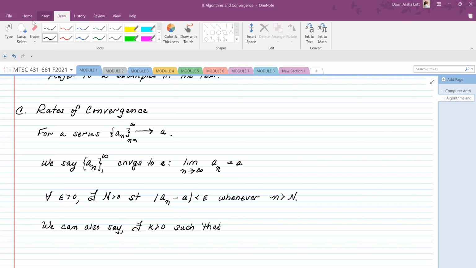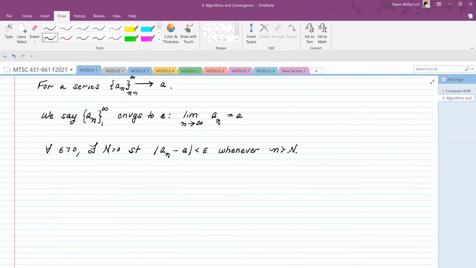Oh, okay, I need to write the whole thing. Trying not to write the whole thing, but I'm going to have to. All right. So definition. Suppose we have two sequences, beta n, which converges to 0.